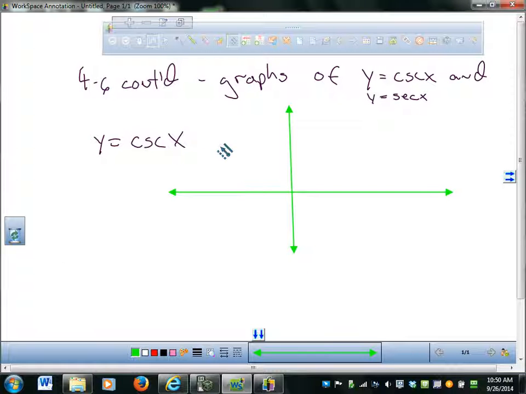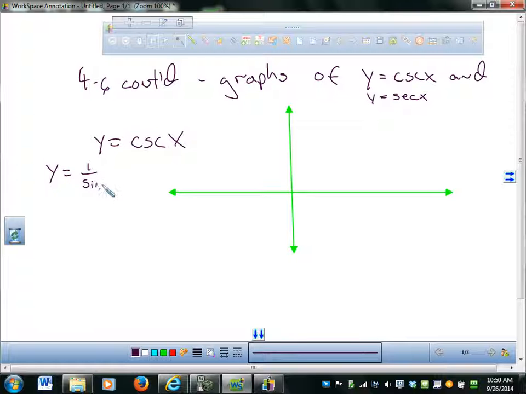And so y equals cosecant, I'm not very good at knowing the values on the unit circle of cosecant, but I am pretty good at knowing the values of sine, right? And you guys are probably pretty good at that too already. So to graph y equals cosecant of x, what trig function could I graph instead? 1 over sine of x, right?